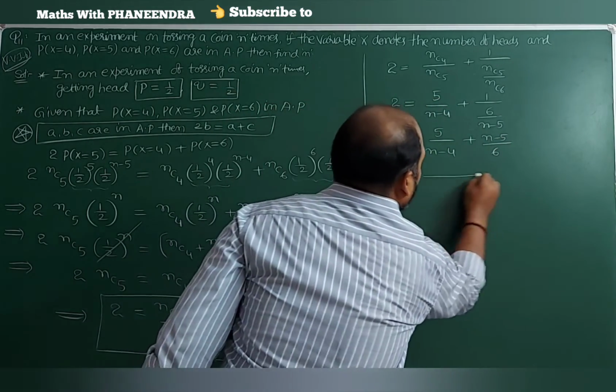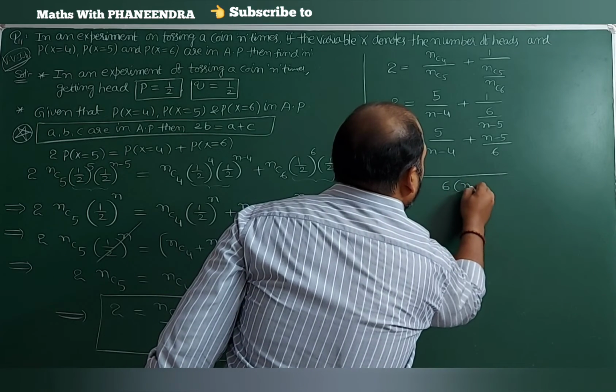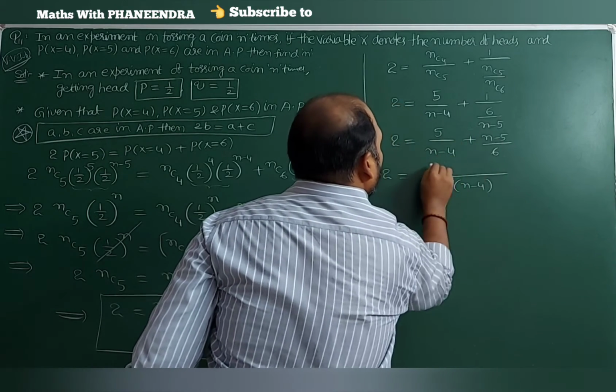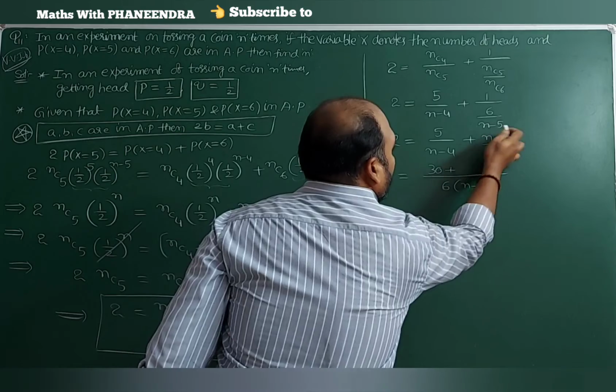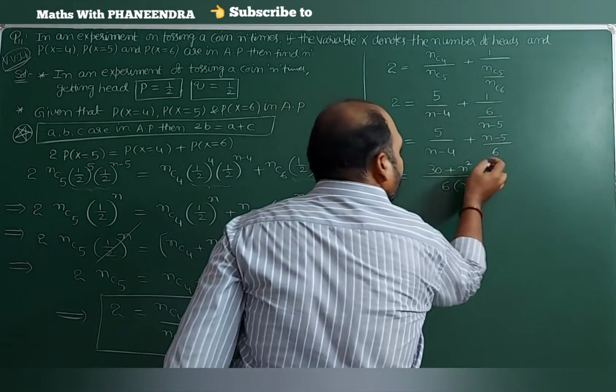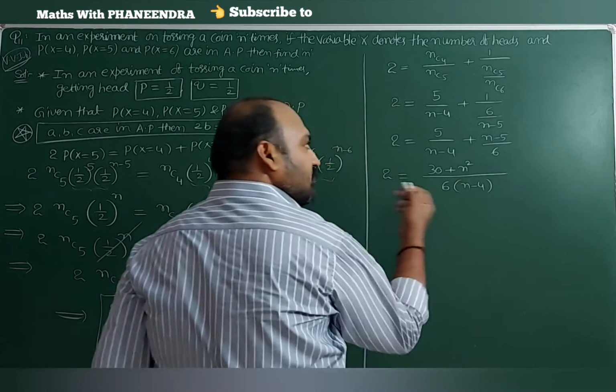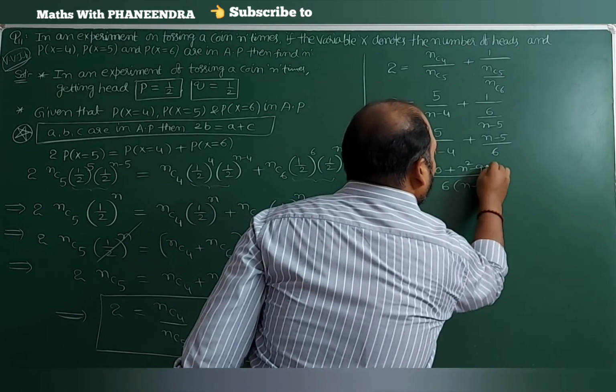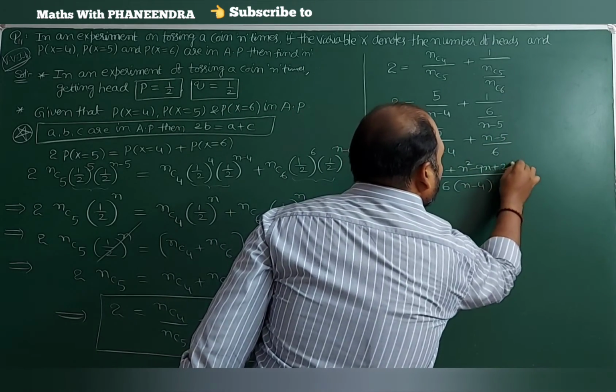2 equal to 6 times (n-4) into 6 into 5, 30, plus (n-5) into (n-4). Directly I am writing, dear students: n square minus 5n minus 4n, so minus 9n plus 20.